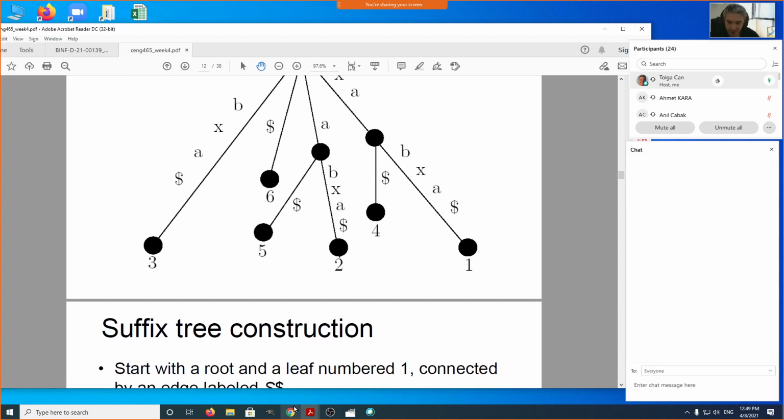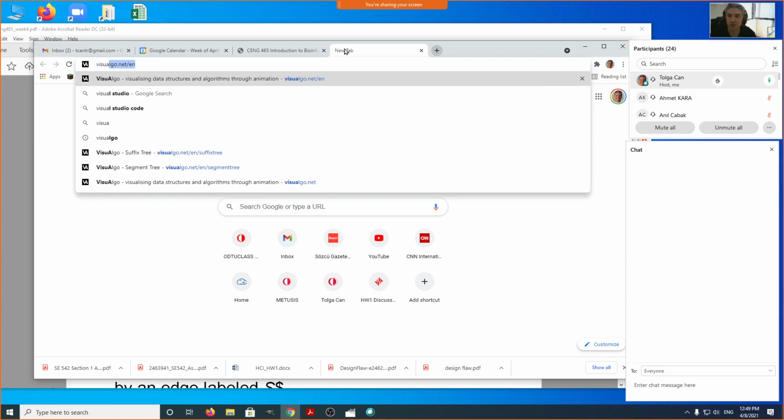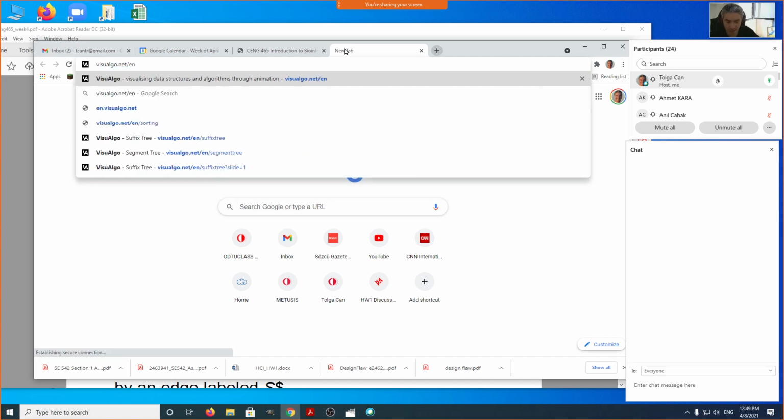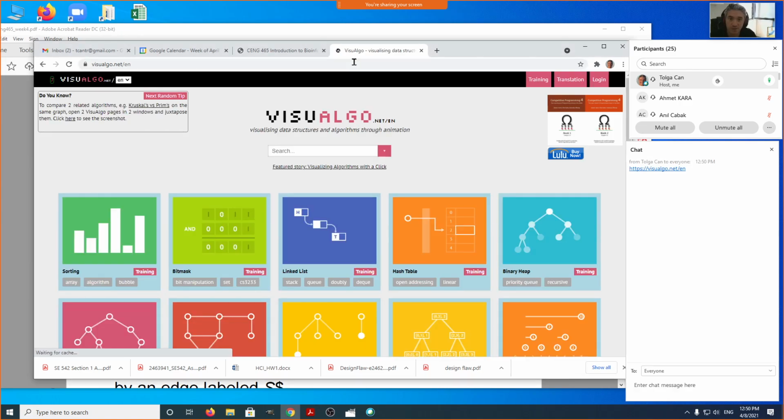There is a nice website, maybe you already know it, called Visualgo, which contains visual descriptions of some algorithms. I'm going to write it in the chat box, visualgo.net. It's maintained by a person who is very well known in the competitive programming domain, Steven Halim, and these are his books on competitive programming.